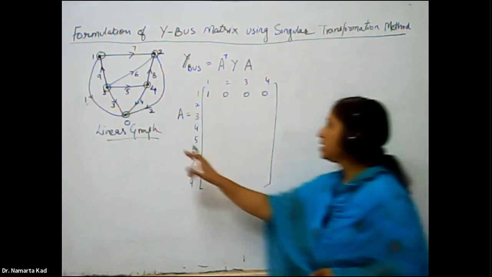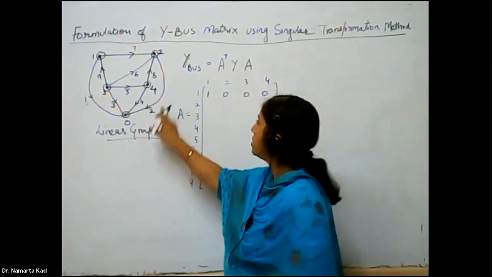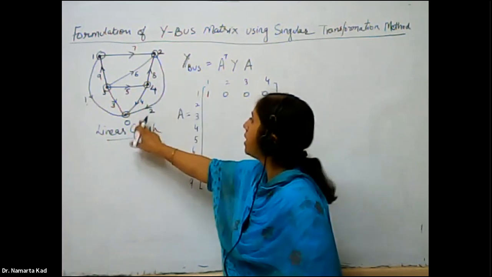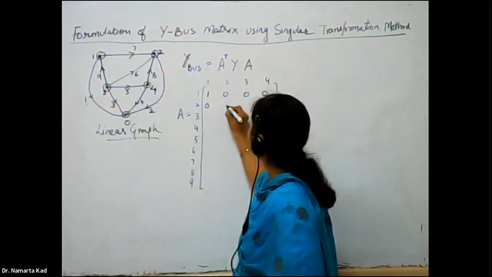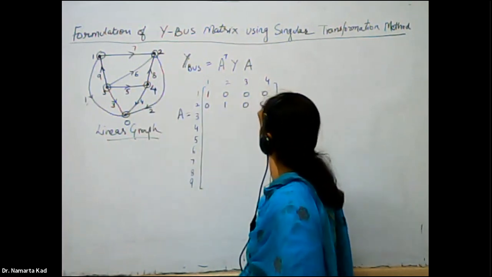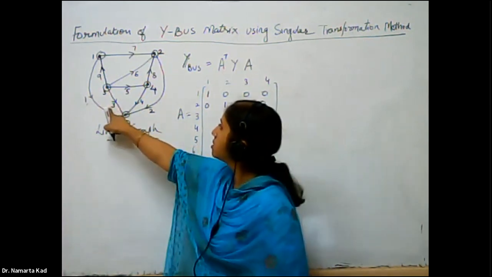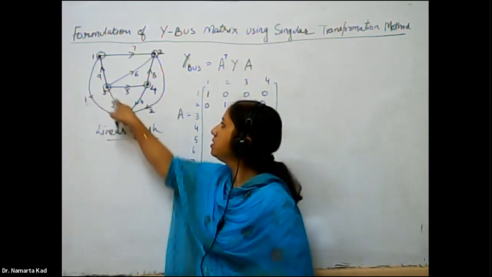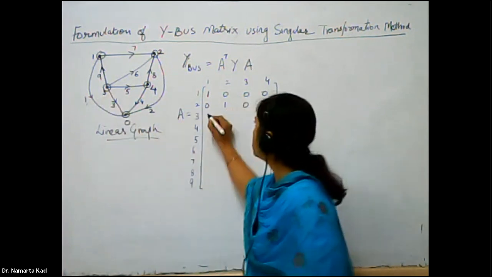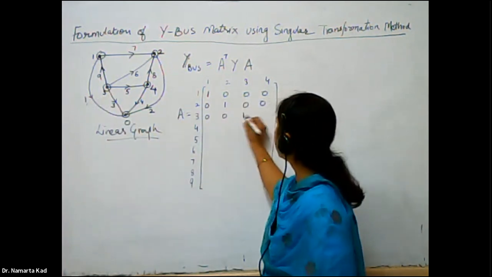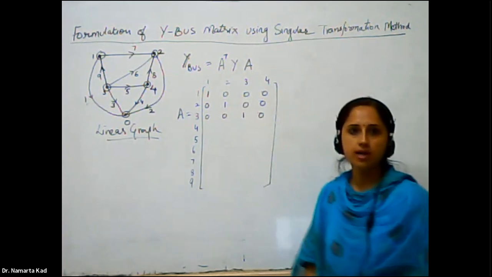Similarly, element 2 is connected between bus 2 and the reference node, so here it is 0, 1, 0 and 0. And similarly the third element is connected between the third bus and 0, so it is 0, 0, 1 and 0.